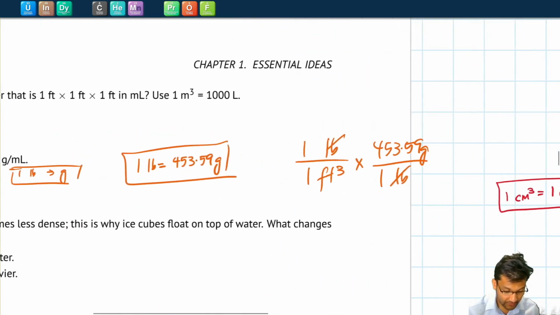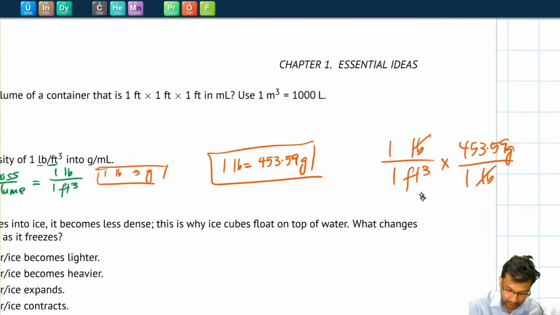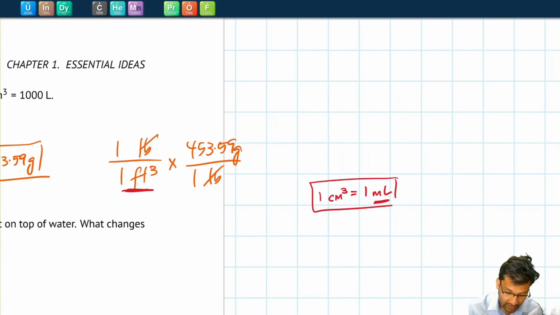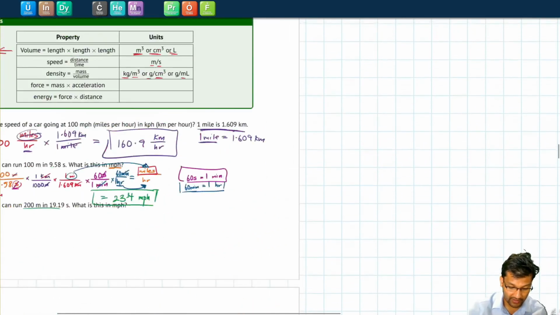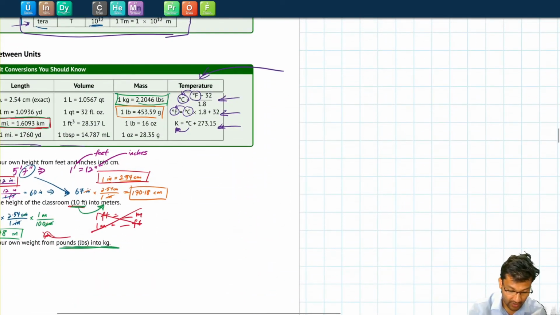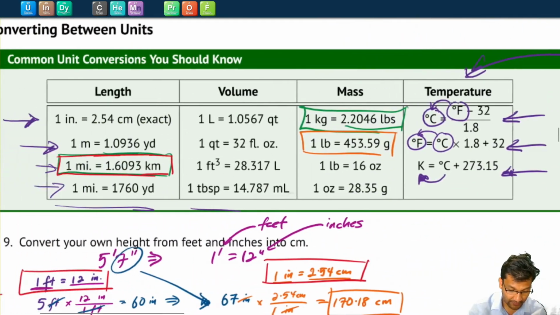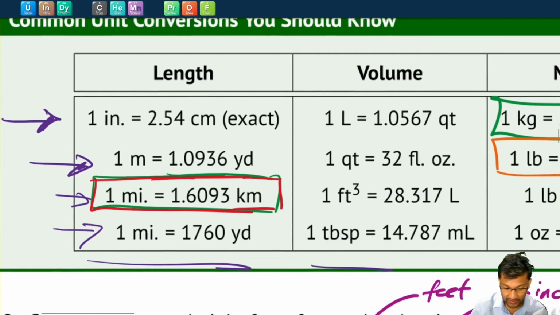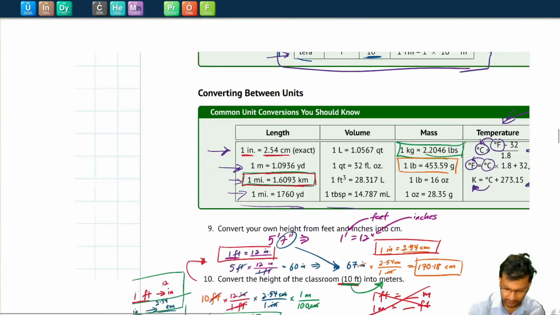But we need to go from feet cubed all the way to milliliters. We can go from feet cubed to centimeter cube. How many centimeters are in a foot? We may not know that, but we know that there are 12 inches in a foot, and there are 2.54 centimeters in each inch.